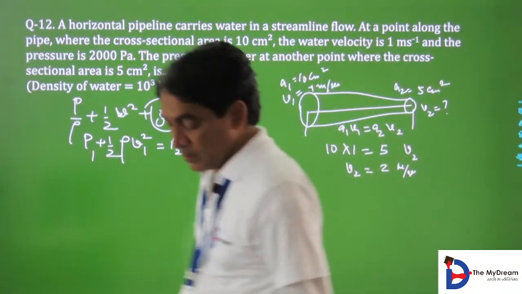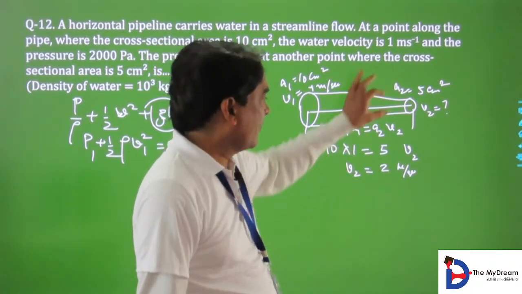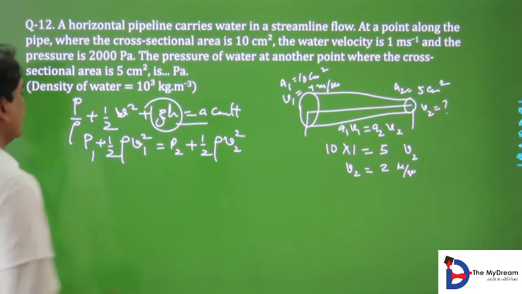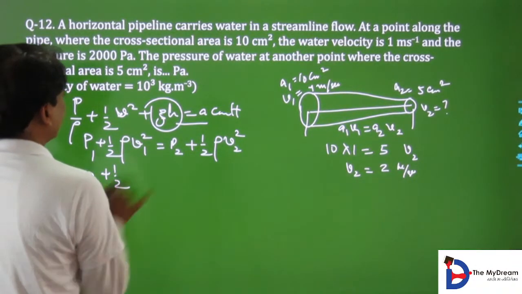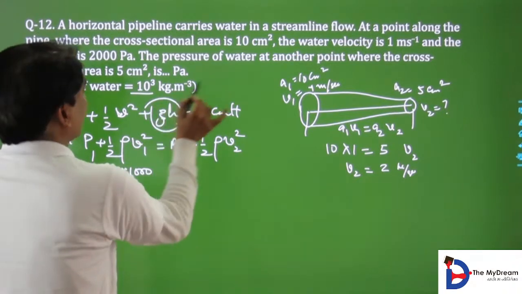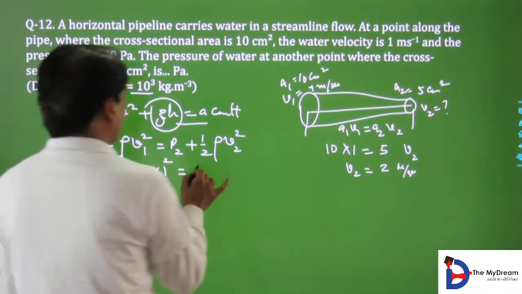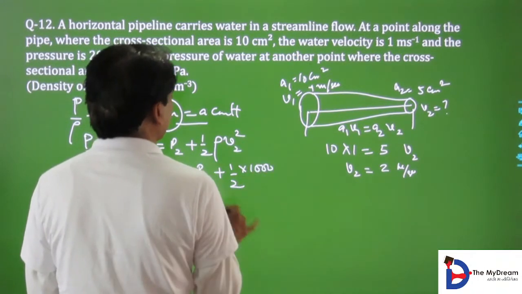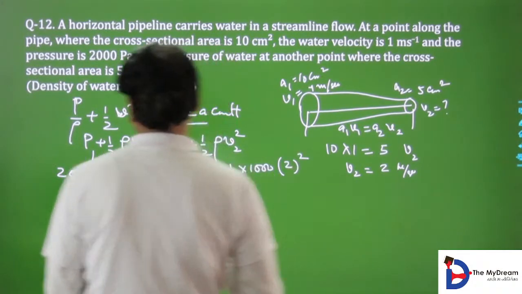Now, by using the equation of continuity, we have found the velocity at this section. So P1 is 2000, the density of water is given to you, that is 1000, this is V1 square, 1 square. P2 I don't know, plus half the density of water into V2 square, that is square of 2.